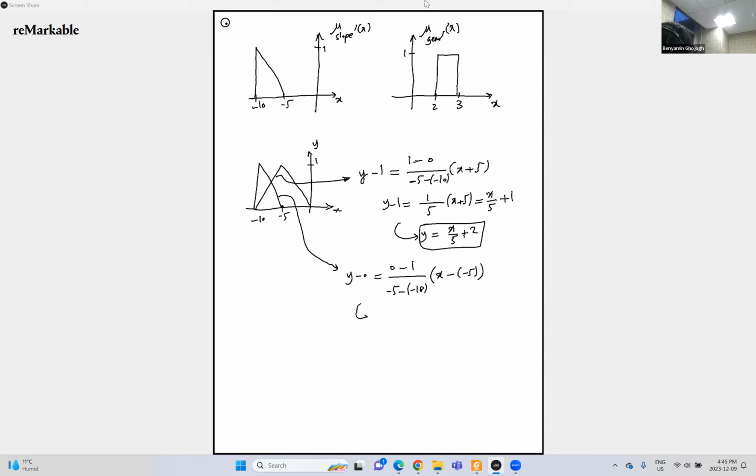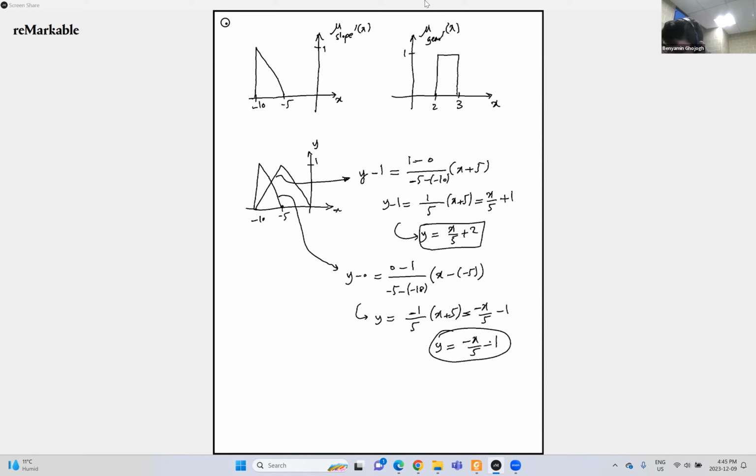So it will be y equals -x over 5 minus 1. So y equals -x over 5 minus 1.